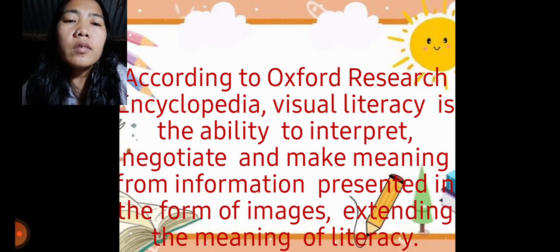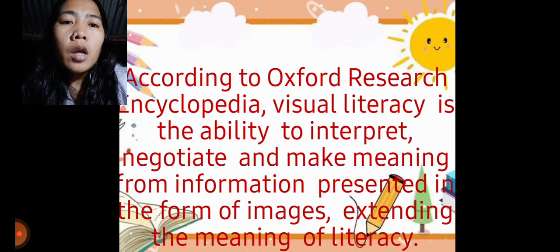According to Oxford Research Encyclopedia, visual literacy is the ability to interpret, negotiate, and make meaning from information presented in the form of images, extending the meaning of literacy. Through the images that we see, we can interpret a visual literacy.